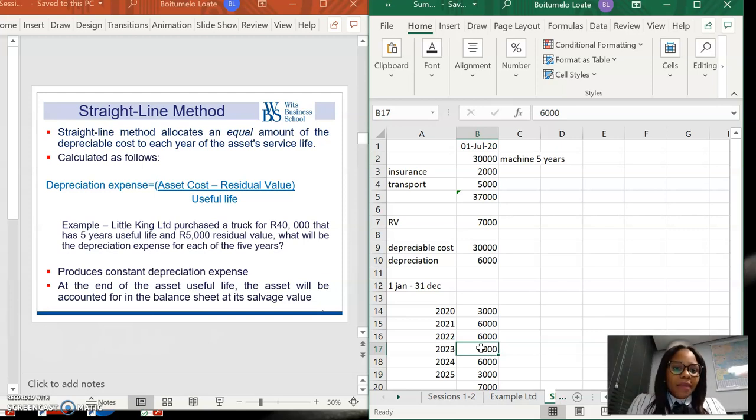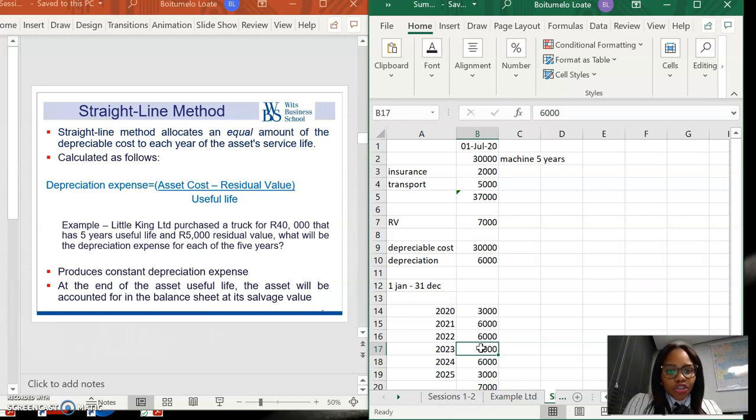So your straight line method is actually a simplified method because it produces a constant depreciation expense. And a lot of companies actually are using this method just to have a simplified depreciation method for people to understand. Let's look at the example covered on the slides.